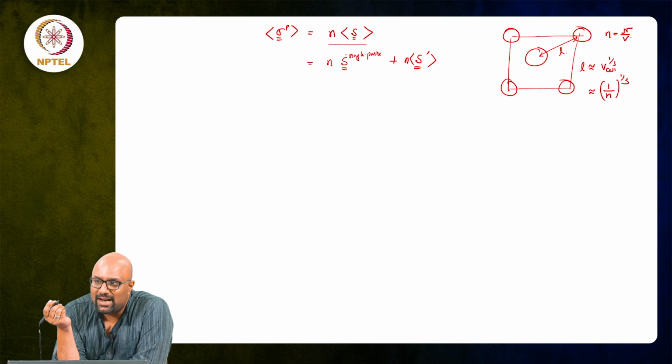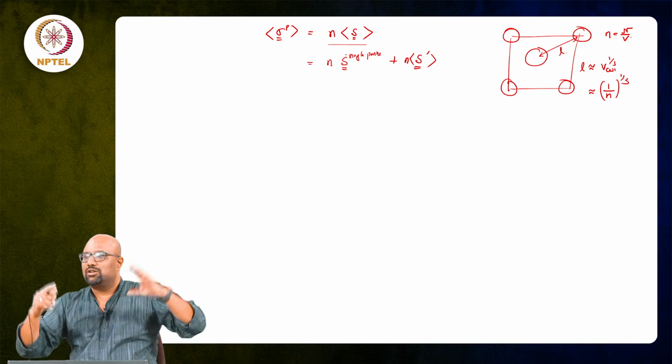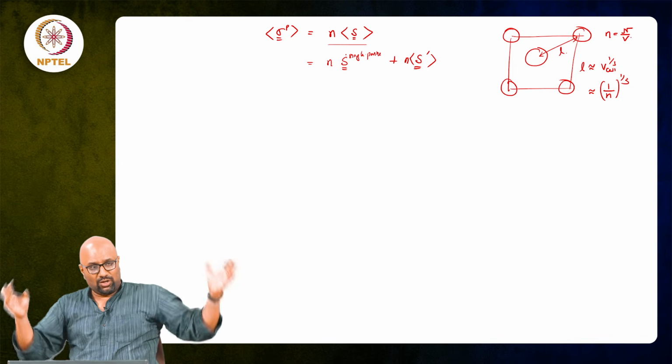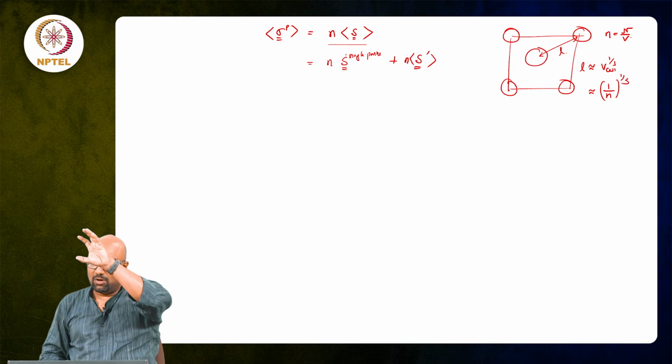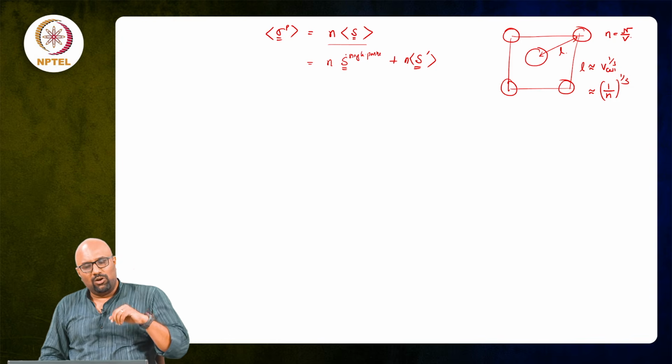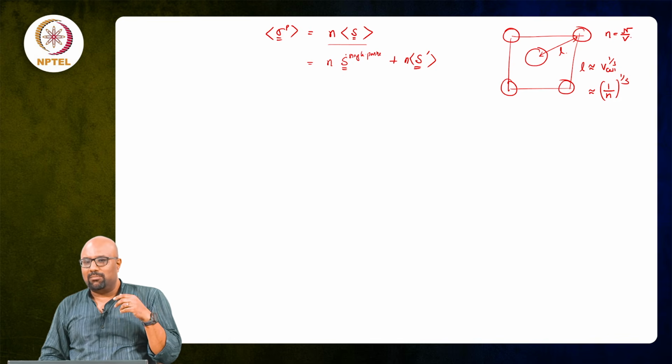So, if you think of the total volume, you do this tessellation exercise. You have the total volume, you break it into small cells. The volume of an individual cell is the total volume by the number of particles, which means the cell length is going to be the inverse of the number density to the power 1/3.